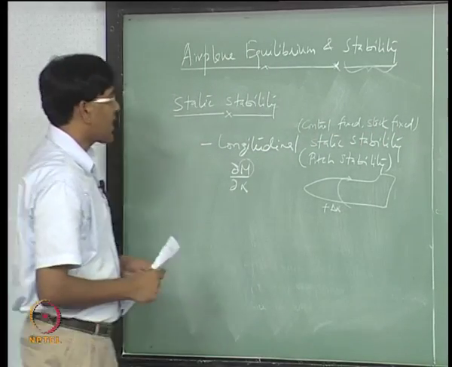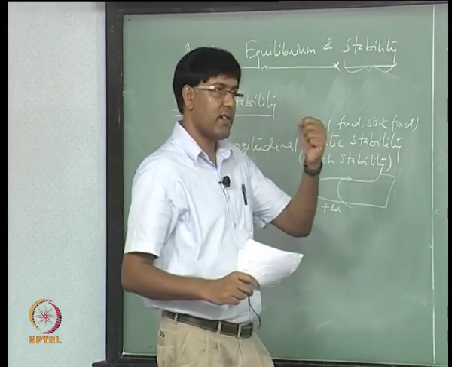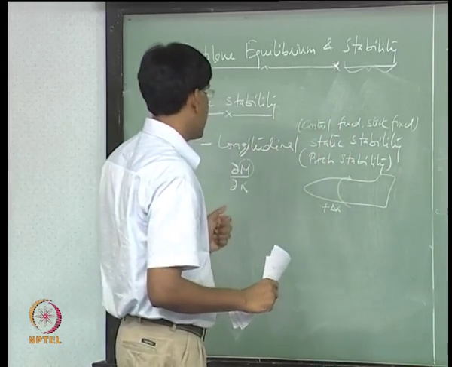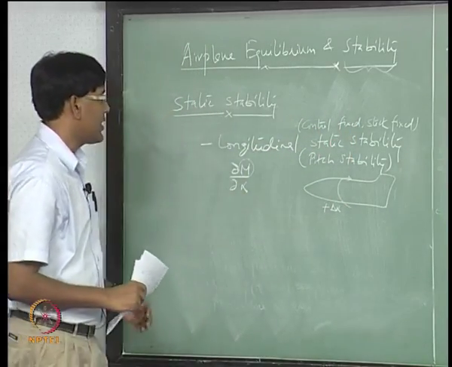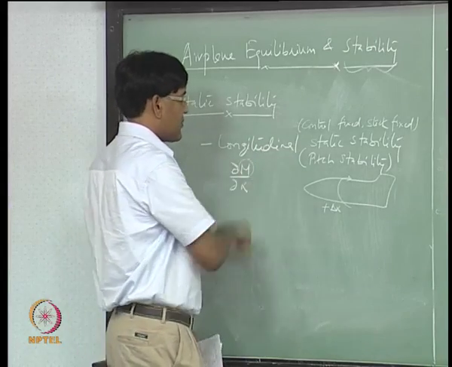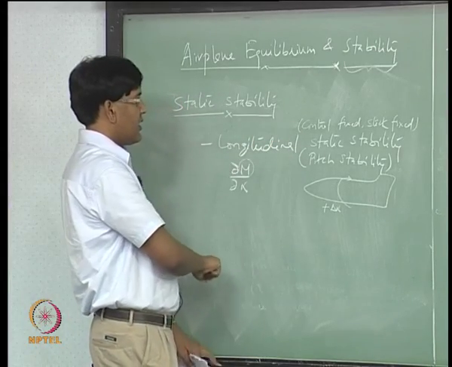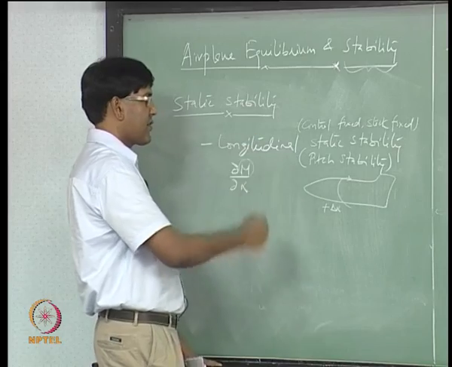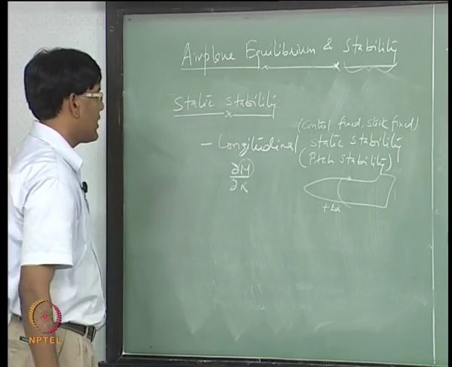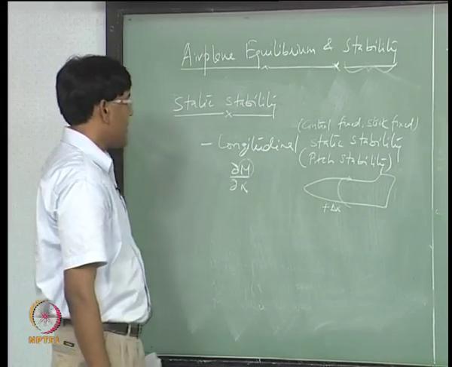We will later on look at what happens when the pilot leaves the stick free at the trim point, but here let us first begin with looking at the control fixed or stick fixed condition at the trim point.